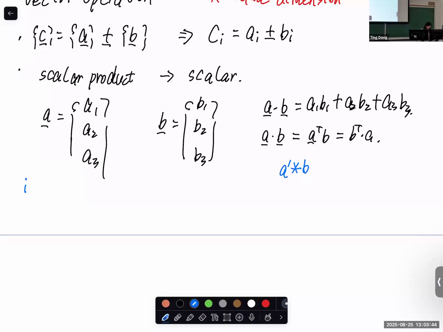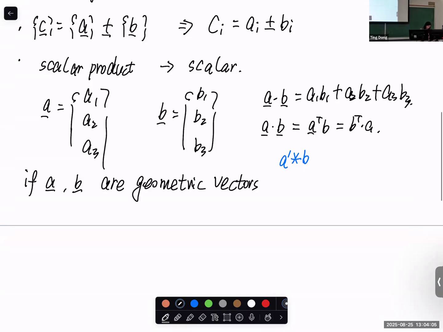So if the A and B vectors are geometric vectors in 3D space, then the scalar product of A and B equals the magnitude of A times the magnitude of B times cosine theta.